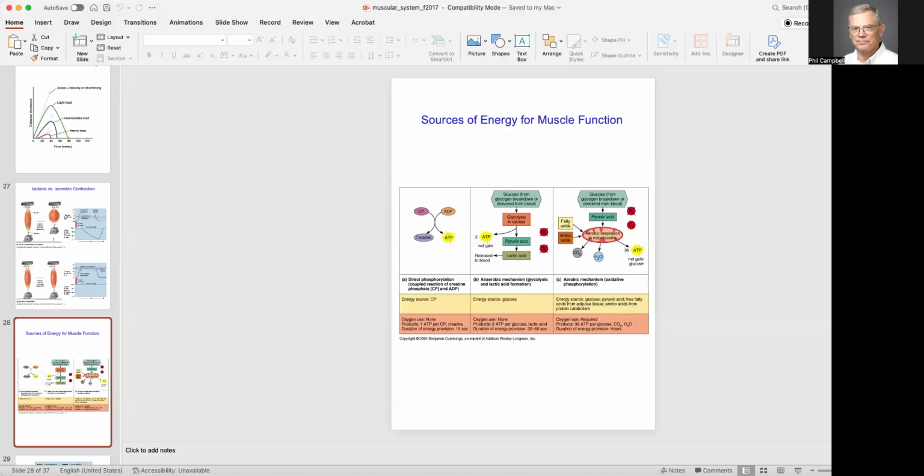Not just pyruvic acid, we can use fatty acids, amino acids, a variety of precursor energy sources can feed into oxidative phosphorylation, resulting in 36 ATPs per molecule of precursor. Extremely efficient form of making energy. All right. So these all result in ATP, because remember, that's the energy currency within your body. It's just that we have different precursors.